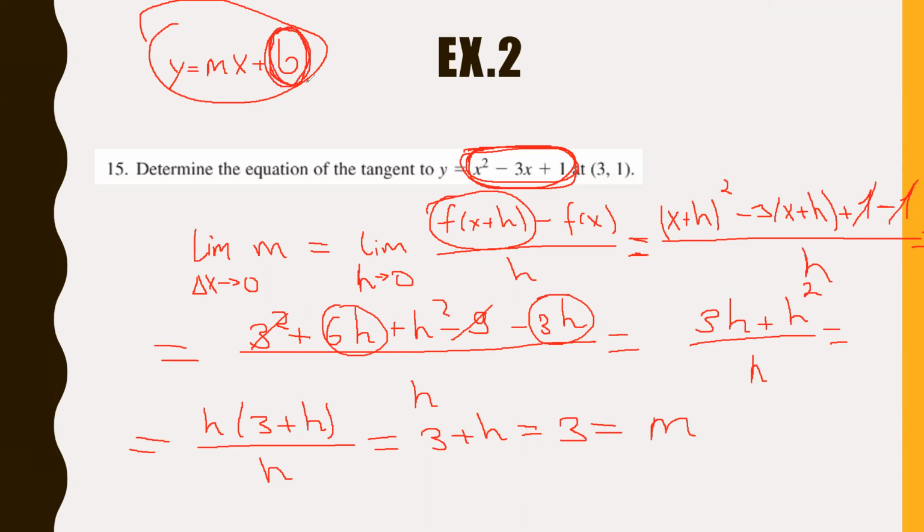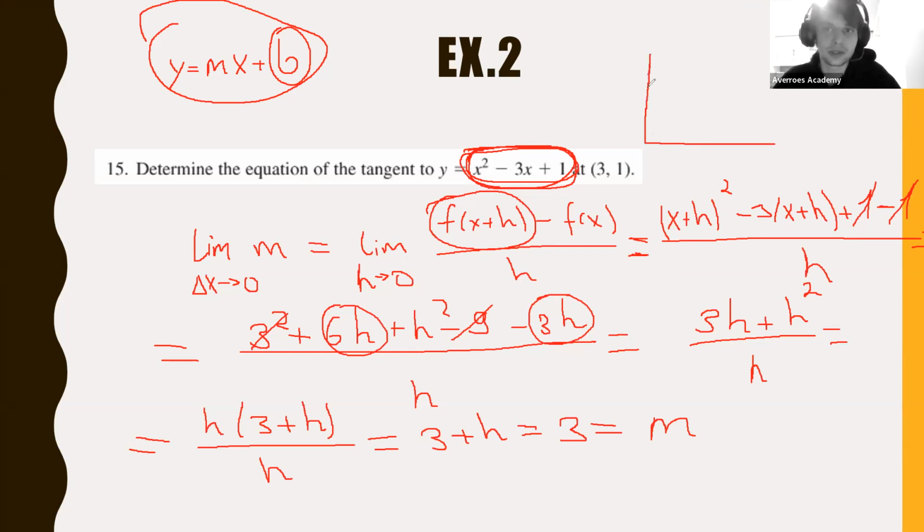Well, b is the y coordinate of the tangent line. So it's where your tangent line would be placed. It wouldn't really affect anything. In fact, b would affect the vertical displacement of a line. Remember?